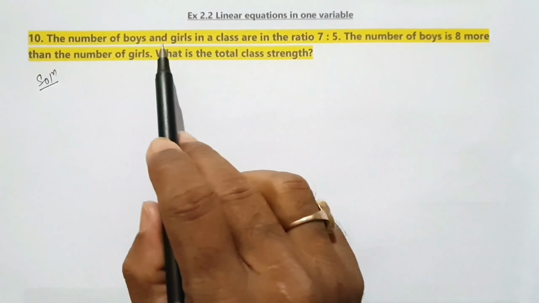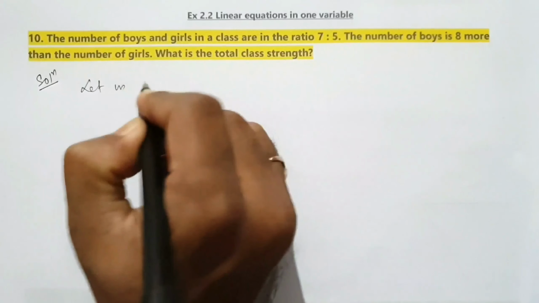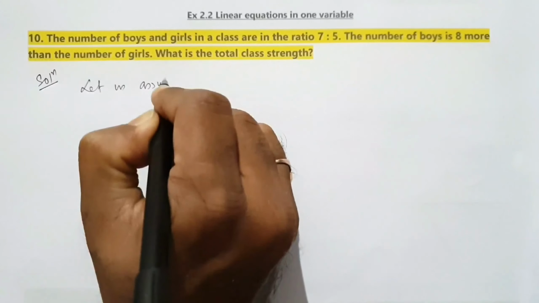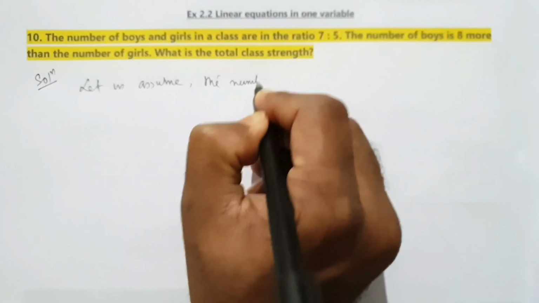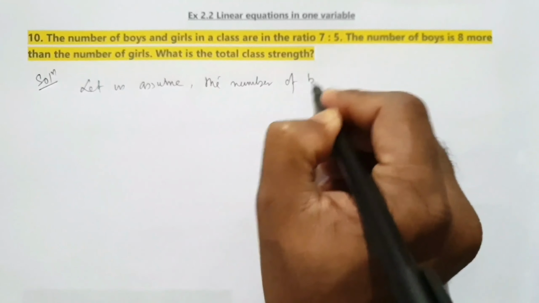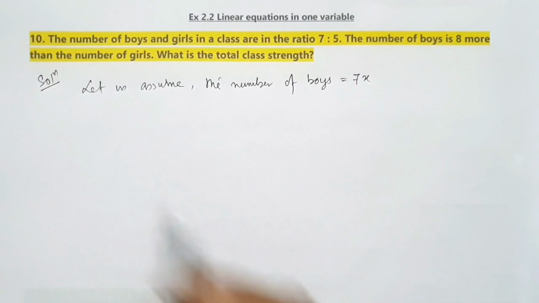As I said, the ratio of boys and girls is 7:5. So let us assume the number of boys is equal to 7 times x.